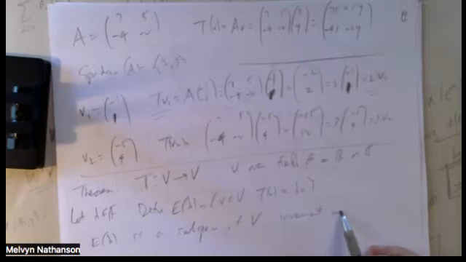So I claim that E of lambda is always a subspace of V that is invariant with respect to the linear operator.